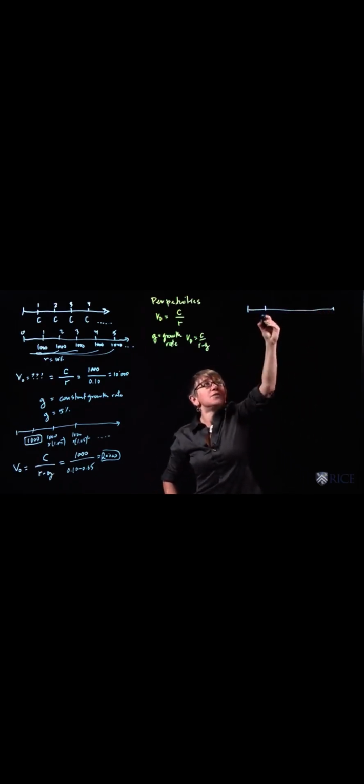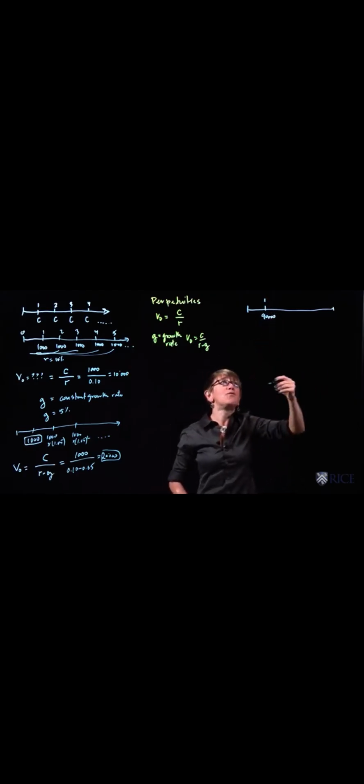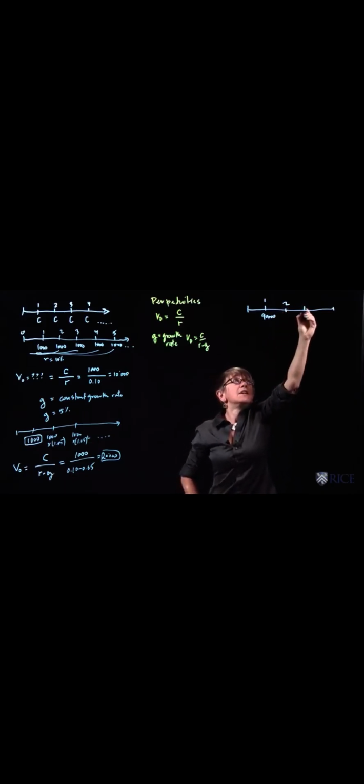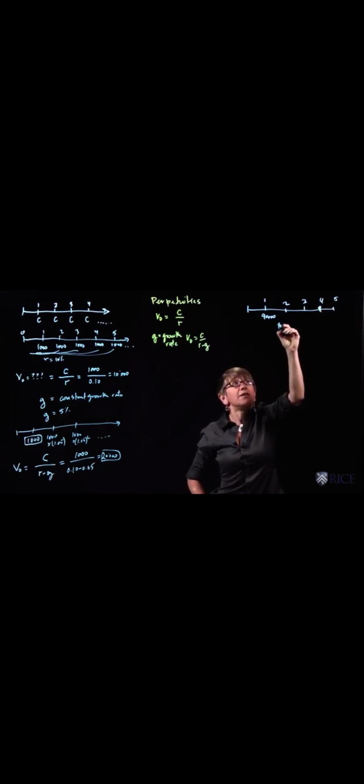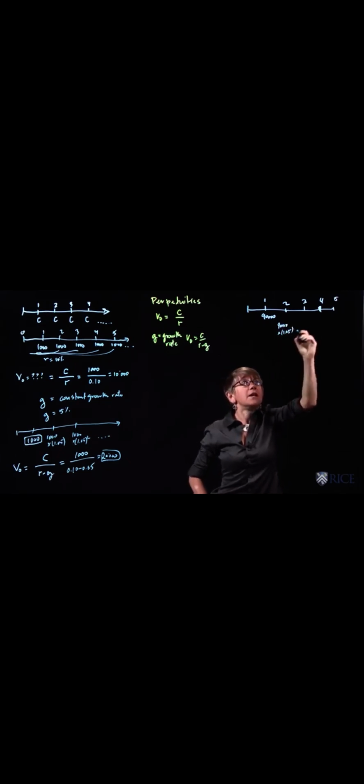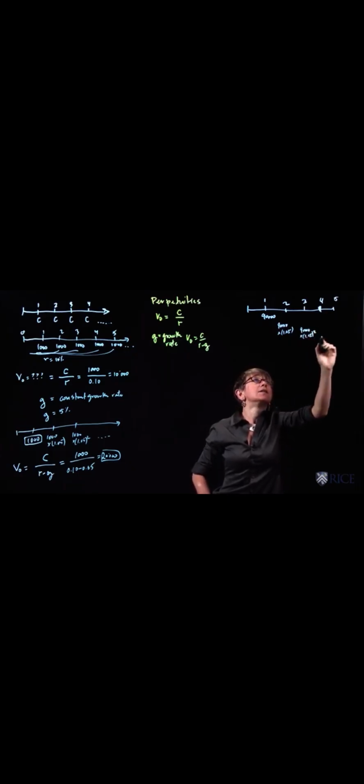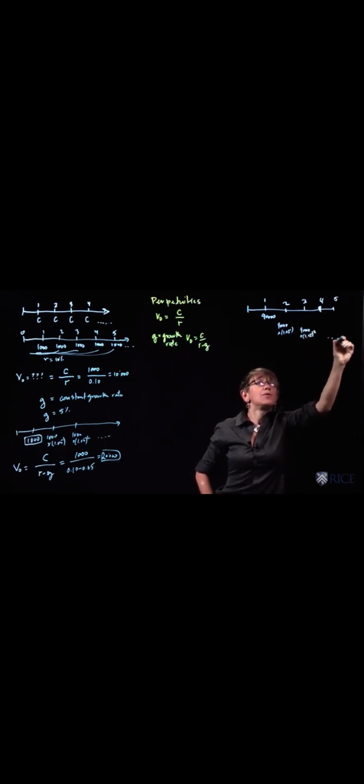Your salary is going to start at 90,000, and then you expect it to grow at 5% every year for the next 5 years. So next it's going to be 90,000 times 1.05. Then it's going to grow to 90,000 times 1.05 squared, and so on and so forth.